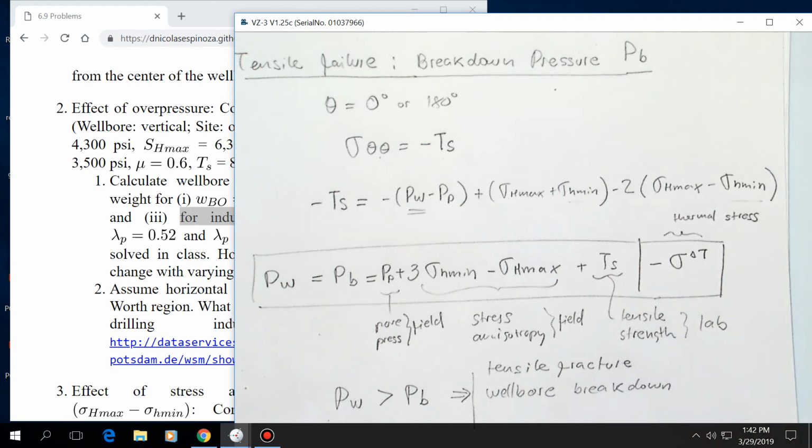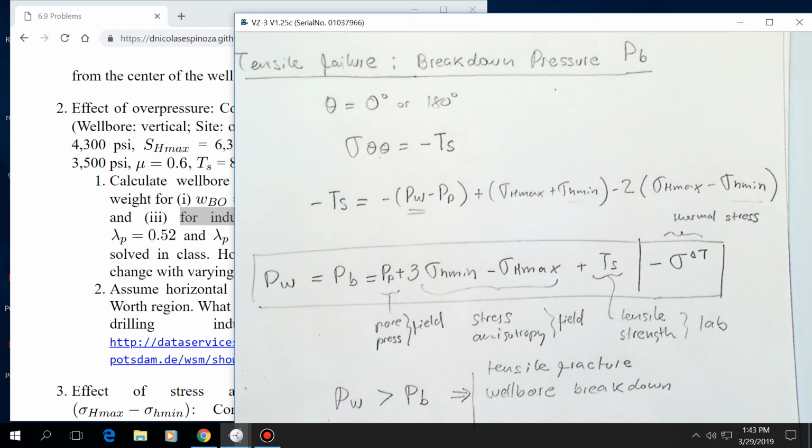Sometimes you have cases in which you may be drilling a wellbore and it's stable, no problems at all, but then you lower a logging tool. Sometimes logging tools require lower temperature mud in order to work well, and when you lower the temperature of the wellbore, it may fail suddenly as you're doing the logging.